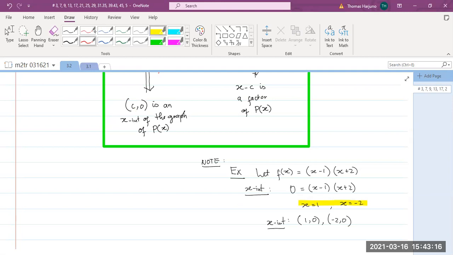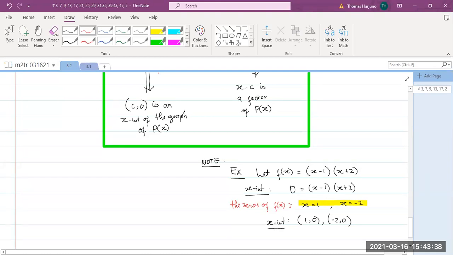The zeros of f(x) are x equals 1, x equals -2. But those are not the x-intercepts. The difference between zeros and x-intercepts: the zeros are just numbers. X-intercepts are coordinates.